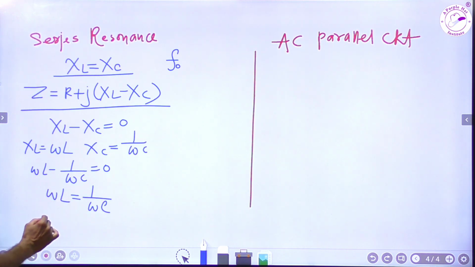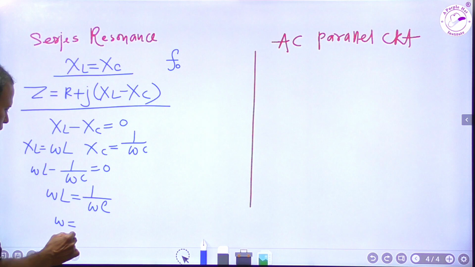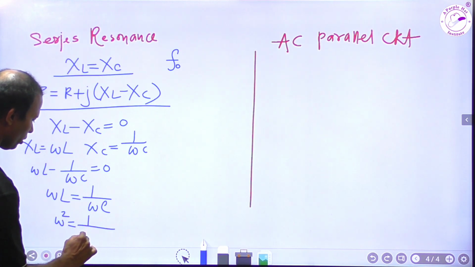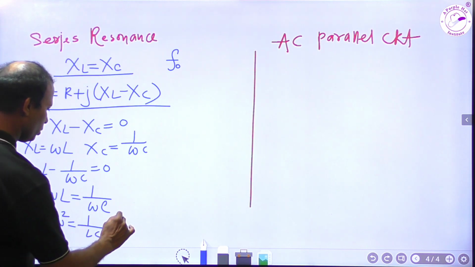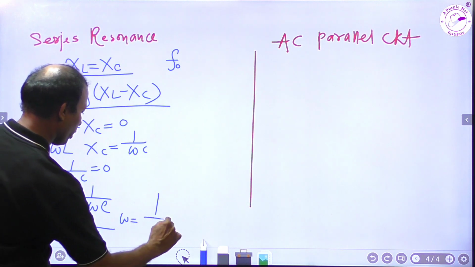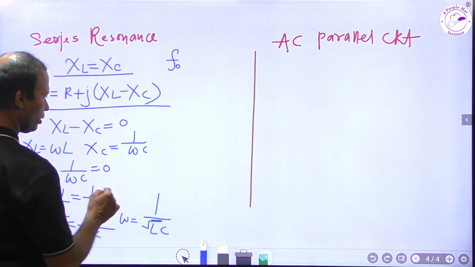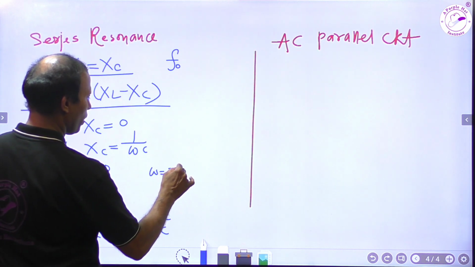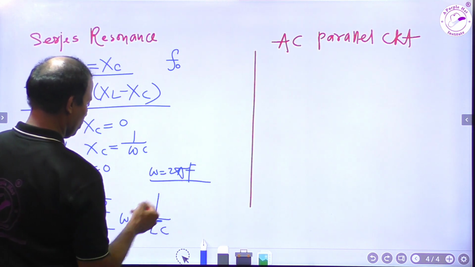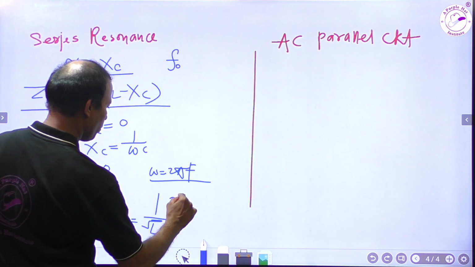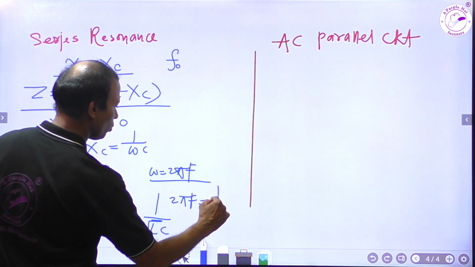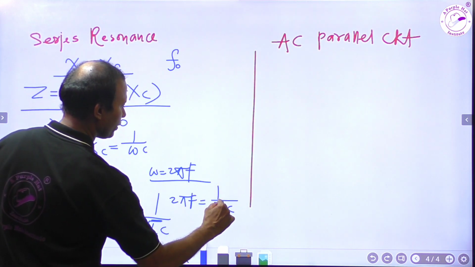Now omega square is equal to 1 upon LC, so omega is equal to 1 upon the square root of LC, and omega is equal to 2 pi f. Substituting, 2 pi f is equal to 1 upon root LC.